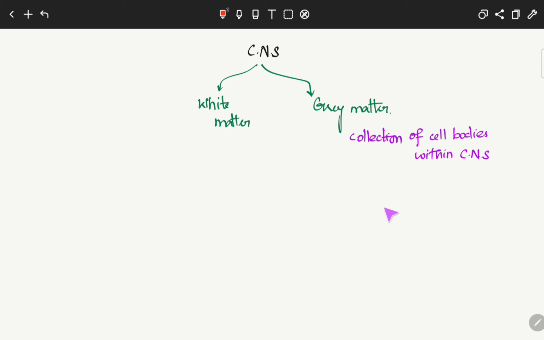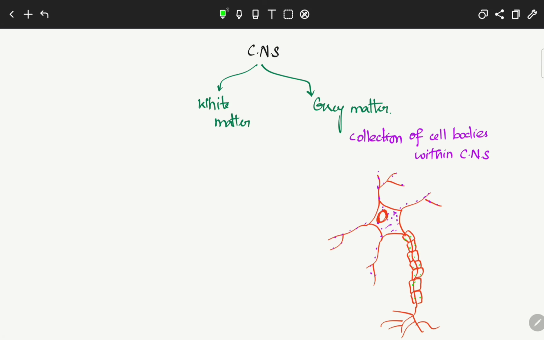Let me explain it in a diagrammatic manner. See, this is just a line diagram. This is the structure of a neuron, right? This is called the cyton, that is the cell body of a neuron. Then these are dendrites. Then this is the axon and this is the terminal bulb.